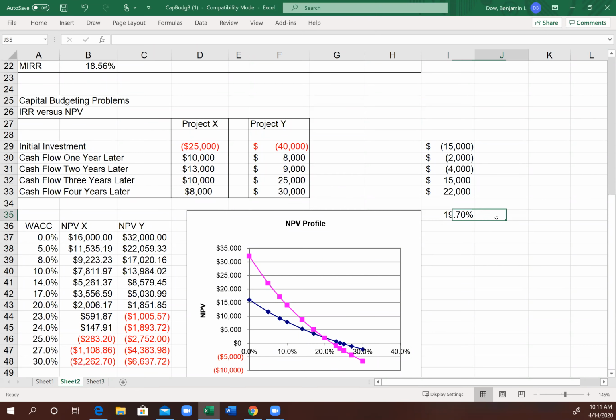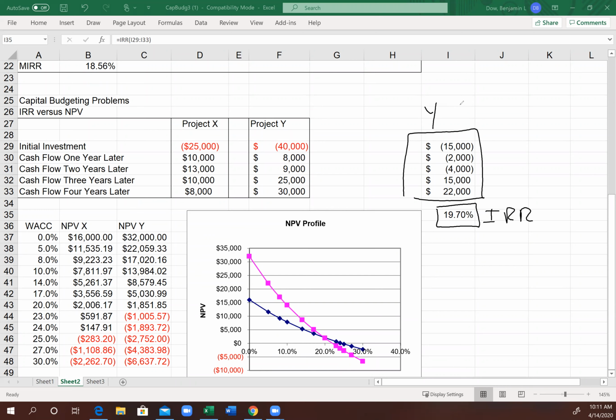So if you look at this 19.7, that's the difference between the two cash flows up here.